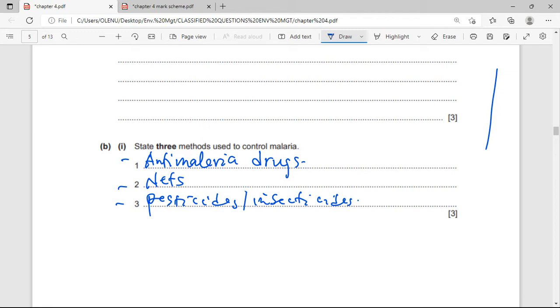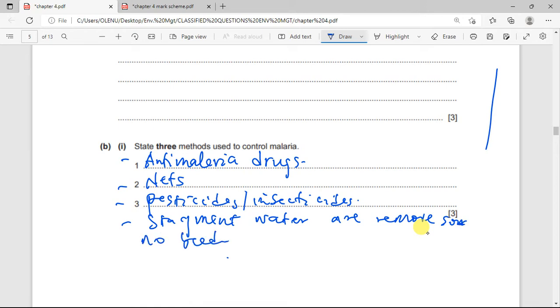And there is this insecticide, and you make sure there is no stagnant water to allow mosquitoes to breed. Stagnant water is removed, so there will be no breeding places.